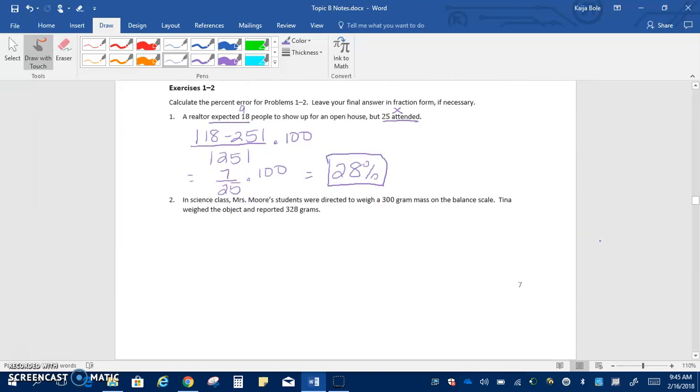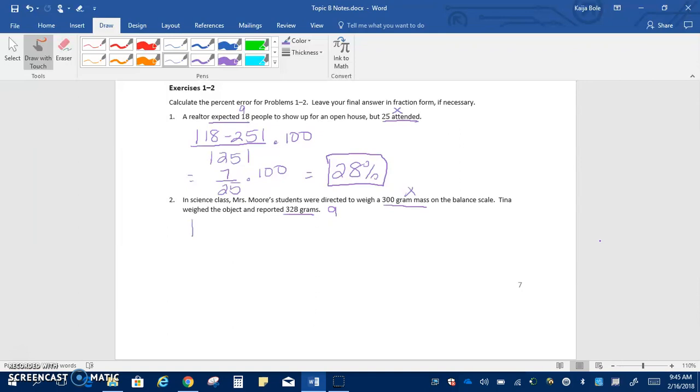And one more here, it says, in science class, Mrs. Moore's students were directed to weigh a 300-gram mass on the balance scale. Tina weighed the object and reported 328 grams. So 300 is our actual, our X. 328 is our A, the approximate. My goodness, my brain just shut off for a minute.